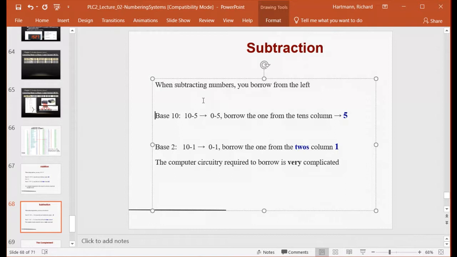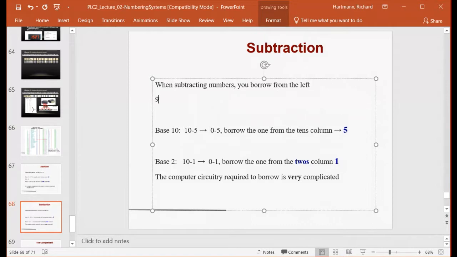So think about it: you would have to build a circuit to decide if you're going to borrow from the 64 column. Then you have to build another circuit to decide if you have to borrow from the 63 column. Then another one to decide if you're going to borrow from the, I lost count of where I'm at. The circuitry gets really, really complicated because you have to keep track. Did I have to borrow from there or did I not?